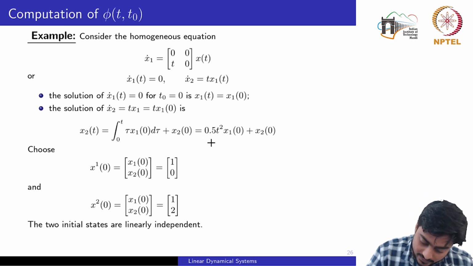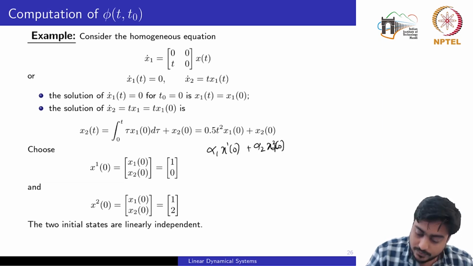We could quickly verify that if I multiply alpha 1 into x1 of 0 plus alpha 2 x2 of 0 equal to 0, then alpha 1 and alpha 2 should be 0 for linear independence, and only then this equation can be satisfied.